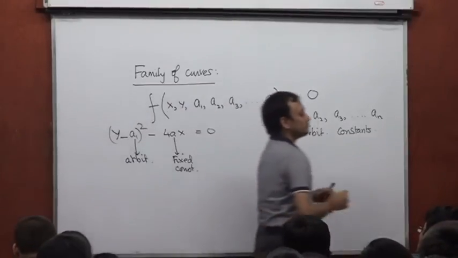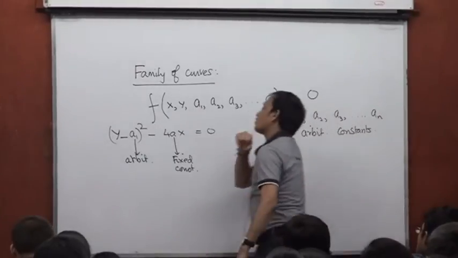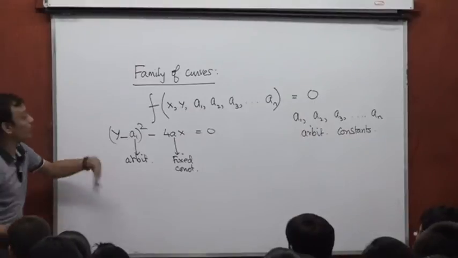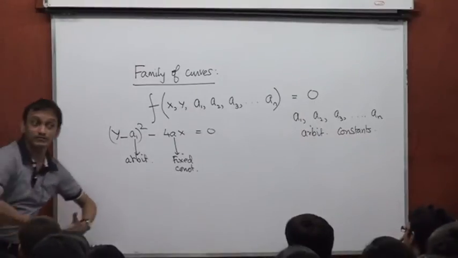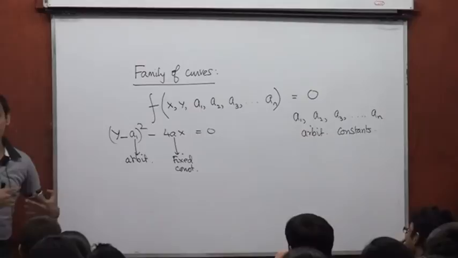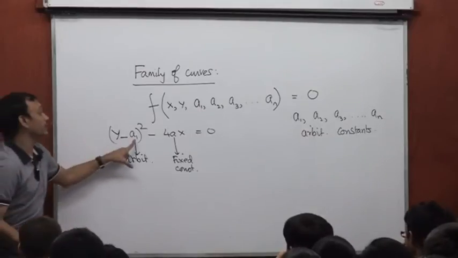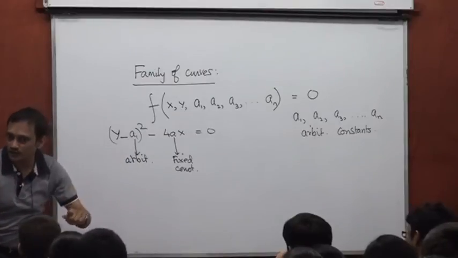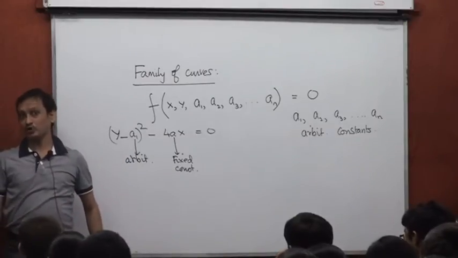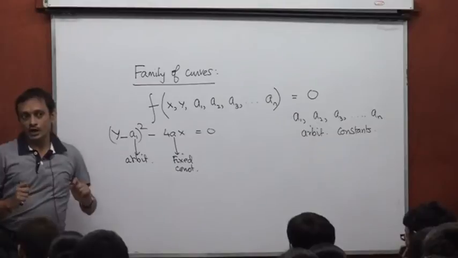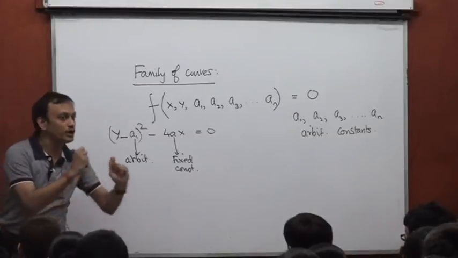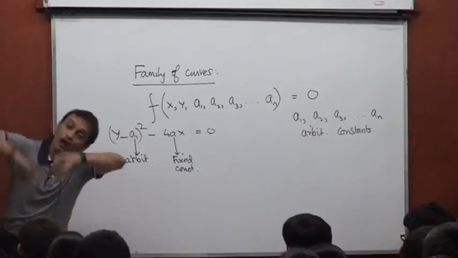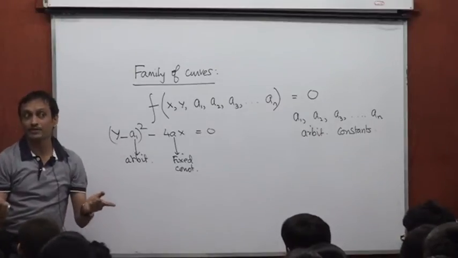Now, how do I constitute the differential equation for this family of curves? I want to form the differential equation that would represent all members of this family independent of a1. When I say form the differential equation of this family of parabolas, I'm looking at a relationship that would be true for all members of this family of parabolas.